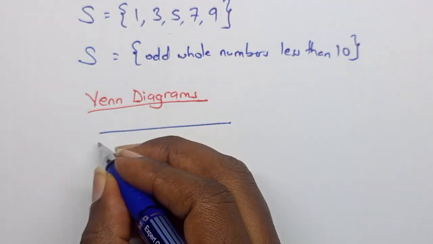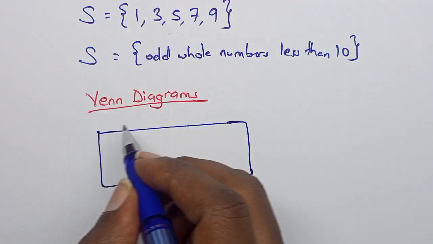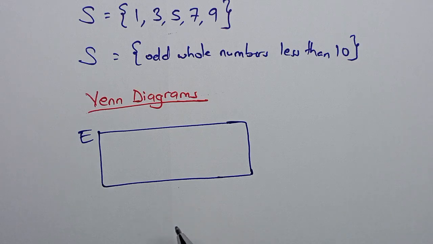So, for example, if you have this, so this is what we call the universal set. The rectangle is the universal set.